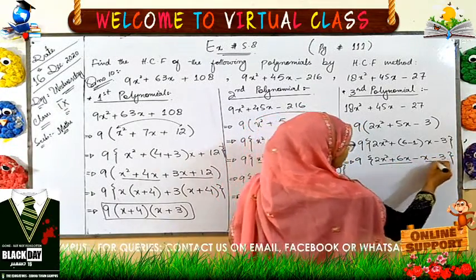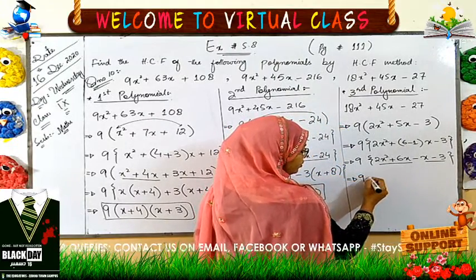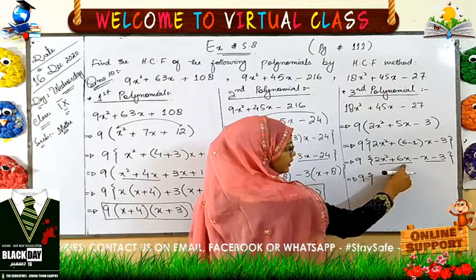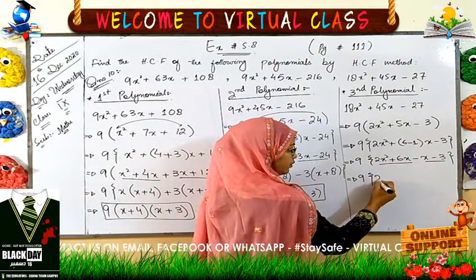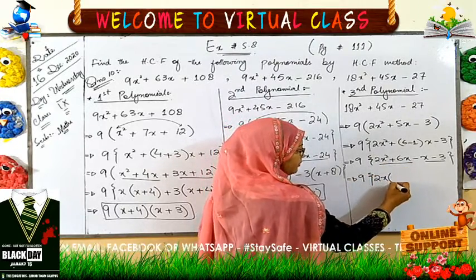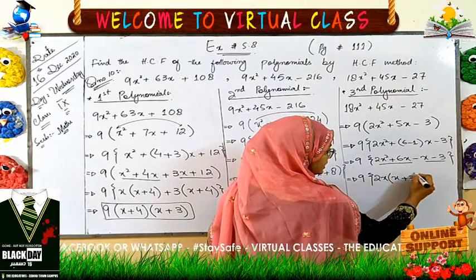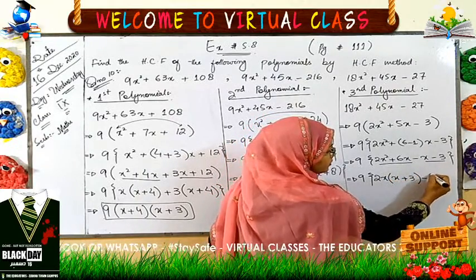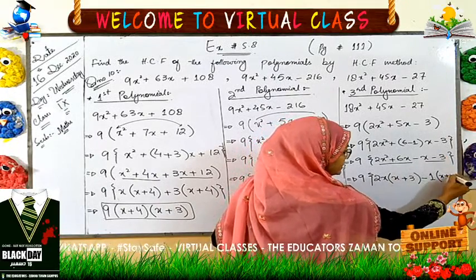Taking common from the first two and the last two, we will have 9 as a common value, and then what is common here? 2 ones are 2, 2 threes are 6, so we can take out 2 as common. X square and x, we can take out x again. Now what is left? x plus 3. Minus, what is common here? Nothing is common, so we will take out 1 as a common value, and then x plus 3.